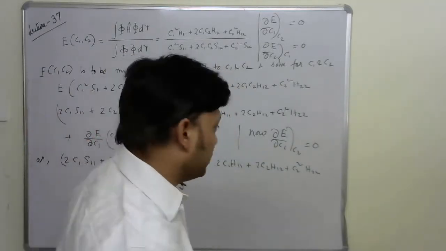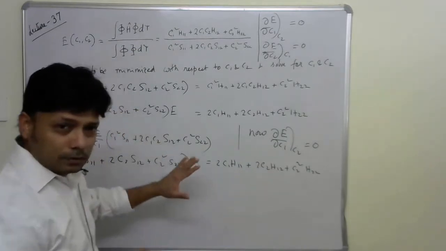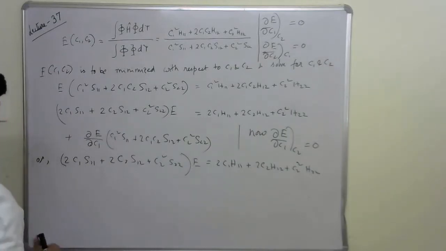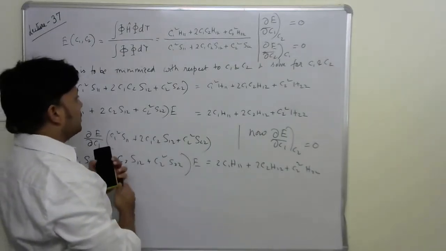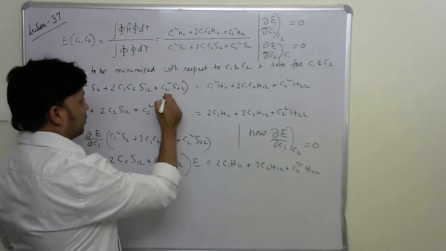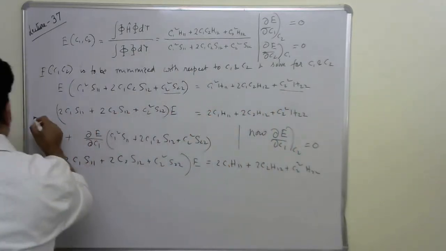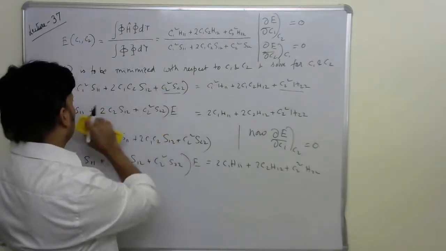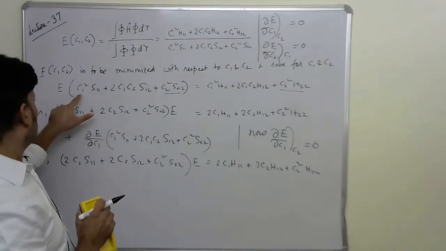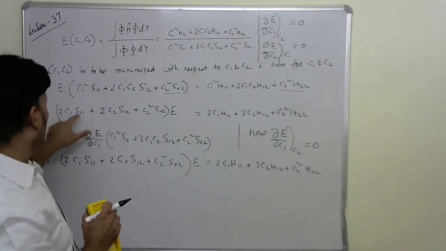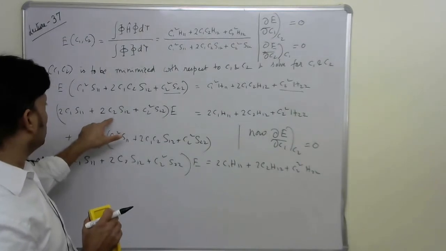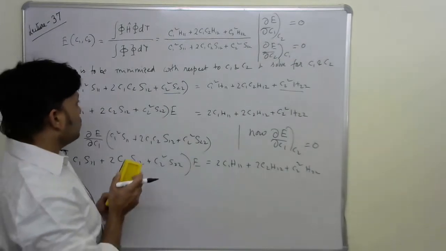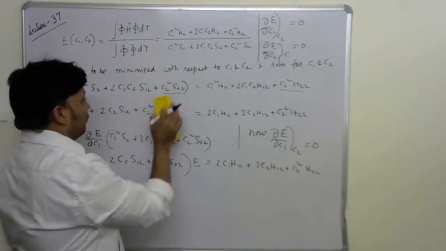Okay, so before we proceed, there was one more mistake while taking the derivative. If we see here, this part C2 square S22 is a constant part, and here also this is the constant part. So when we take the first derivative, actually this part should vanish. So we have here 2C1 square, it comes to 2C1, we have 2C1 C2, it comes to 2C2, because we are taking the derivation with respect to C1, and with respect to C1 everything else is constant.